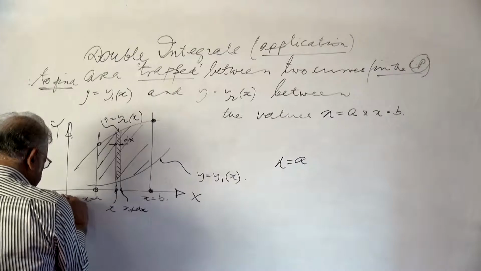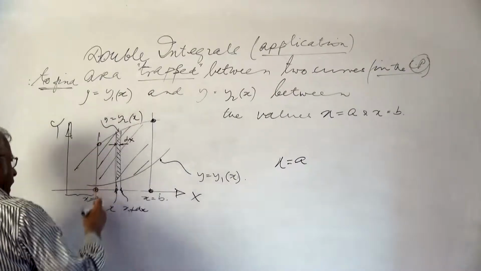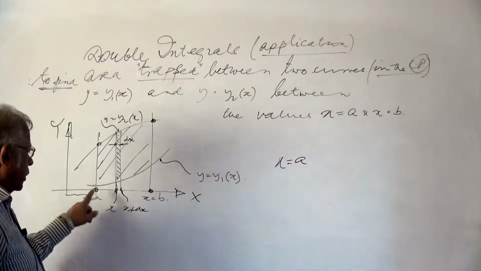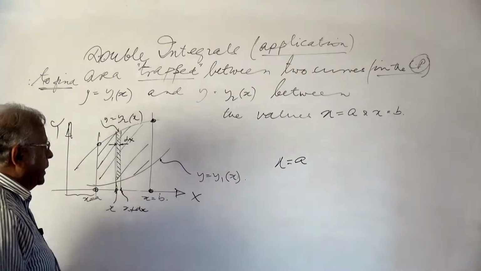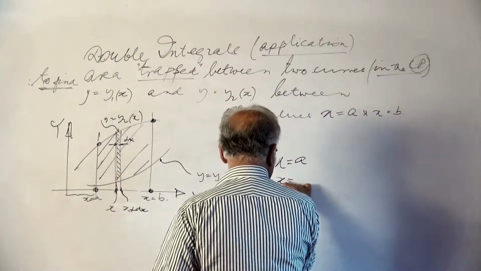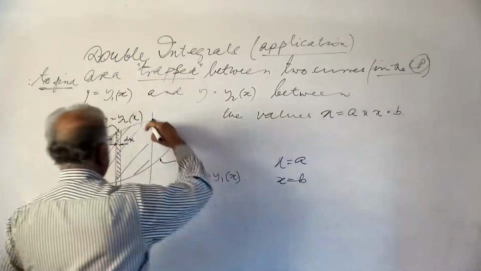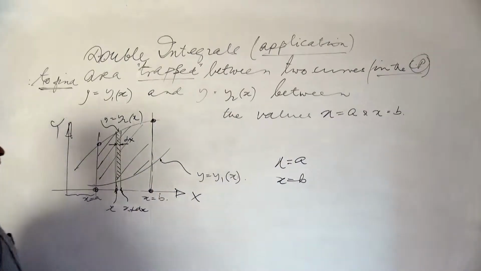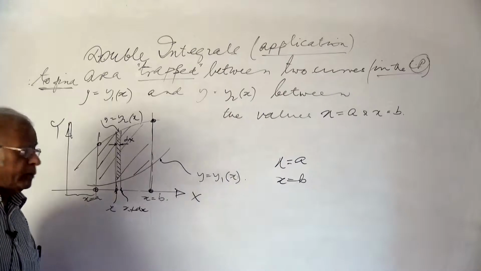So this is the boundary that is defined by x = a, not a simple point only. Similarly, x = b is nothing but this particular boundary. So that is the description of the problem.